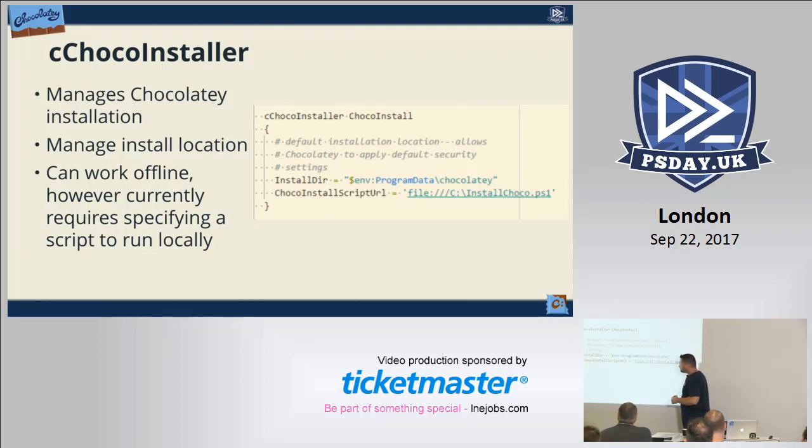And we have to give it a script itself if we want to install Chocolatey offline, if we don't want to use the community repository. It has to be a full script. If you go out to chocolatey.org/install.ps1, you can bring that down, or we're going to push this up to that cChoco GitHub repository so that you'll have that as part of the example, so you can have something that you use there as well. Question?